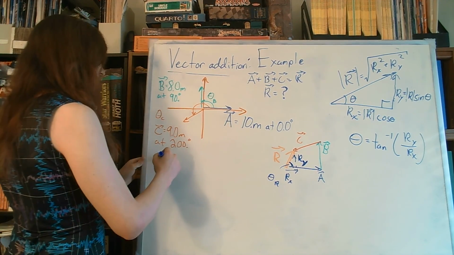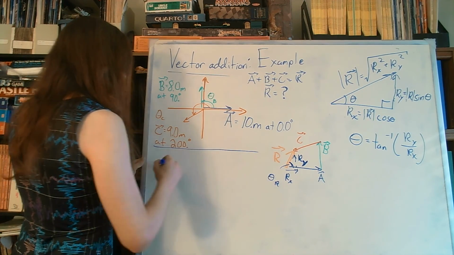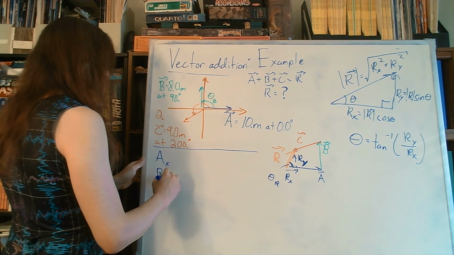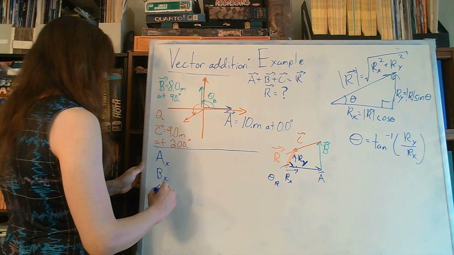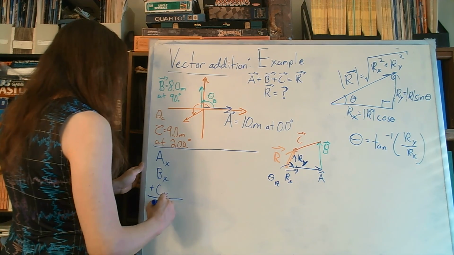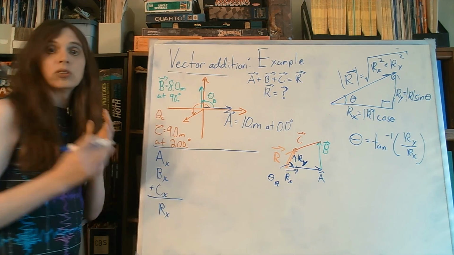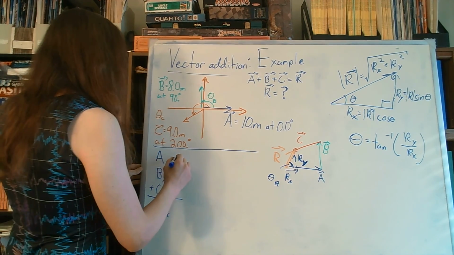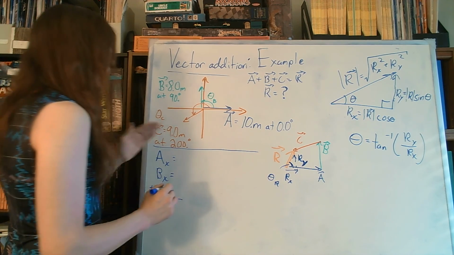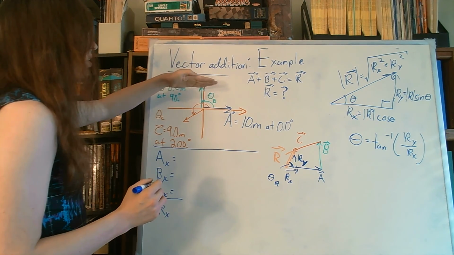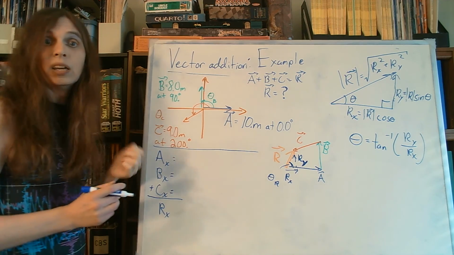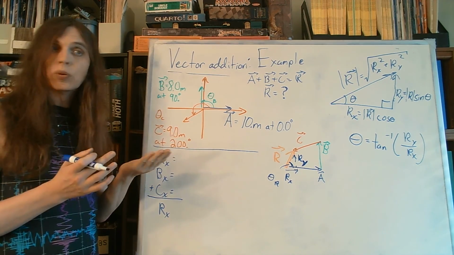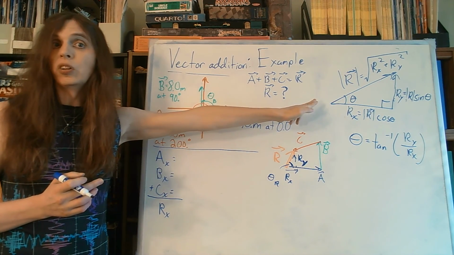So what we're essentially doing here is we are finding all of the x components and adding them together to result in the x component of our resultant. Those x components, the portions of these vectors that are aligned entirely in the x direction, we can determine through the trig relationships illustrated in the triangle over here.